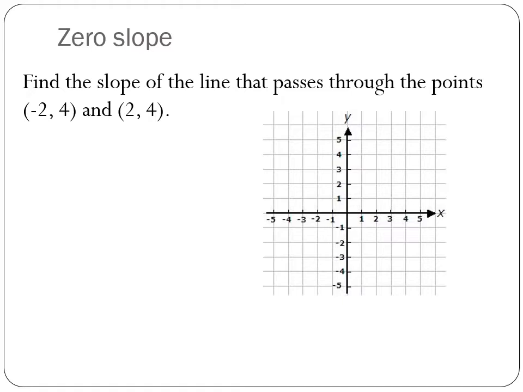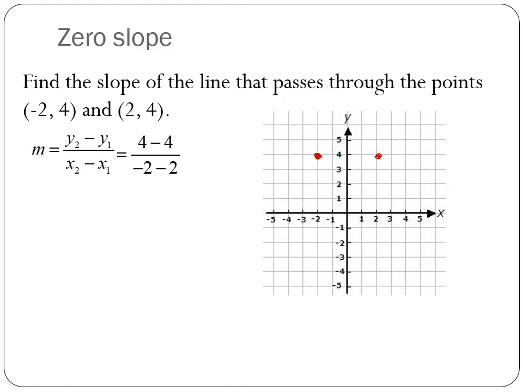So finding the slope of a line that passes through the points -2, 4 and 2, 4. If we were to plot these over here on the right, we'd be looking at -2, 4, right there, and then 2, 4 would be right here. Hopefully you're noticing that if you connect these with a line, this is a horizontal line.